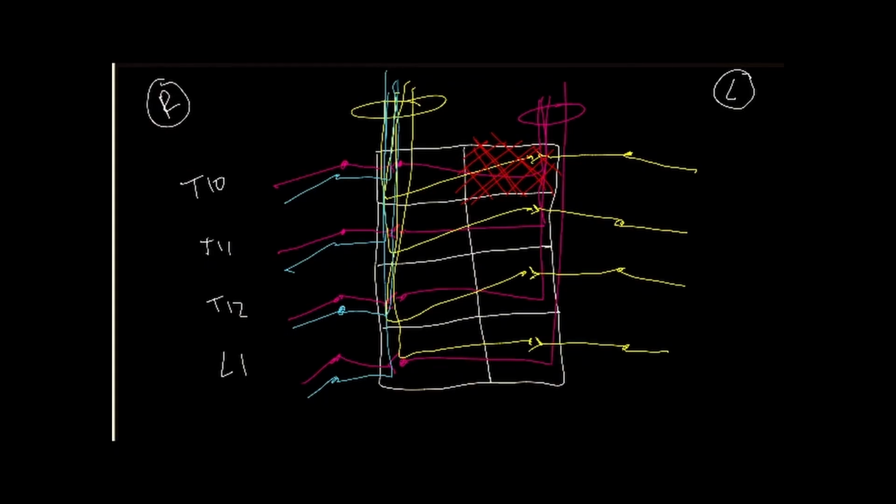Nope. So we can get rid of that one. This one, T11. Let's follow the line. Are there any breaks? No. That's going to be okay. What about everything below the lesion on the left side? They're okay. There are no breaks, right?